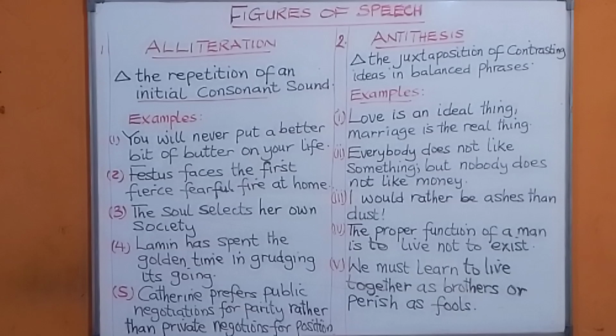A figure of speech is a rhetorical device that achieves a special effect by using words in distinctive ways. Figurative language is often associated with literature, and with poetry in particular.